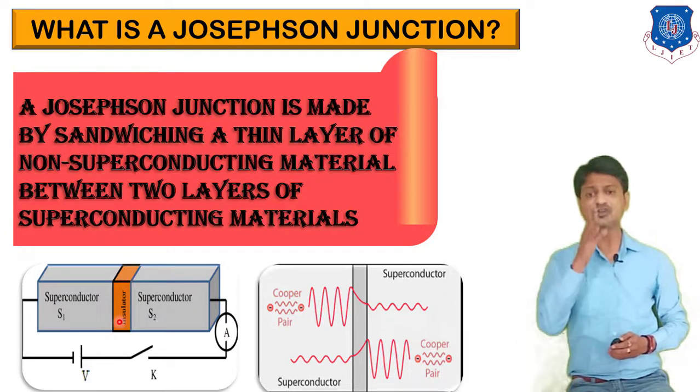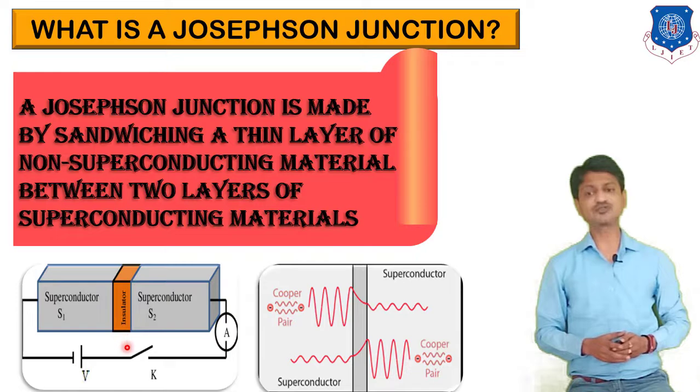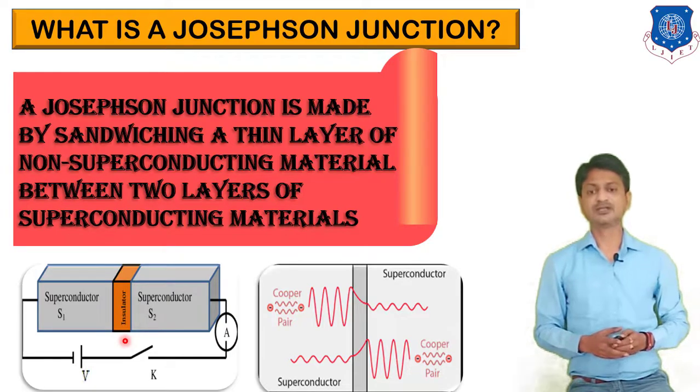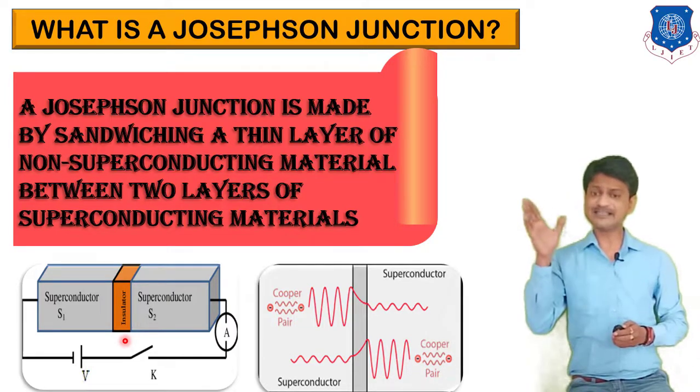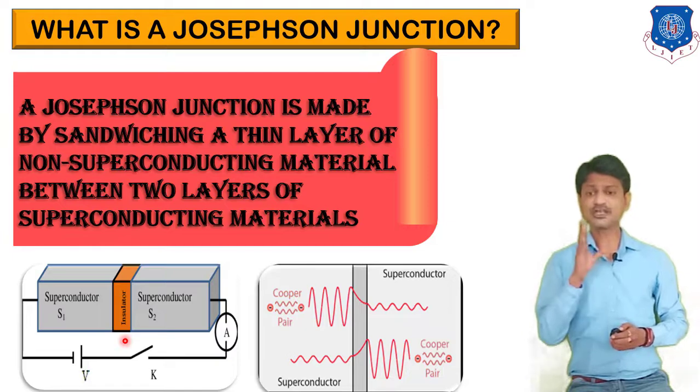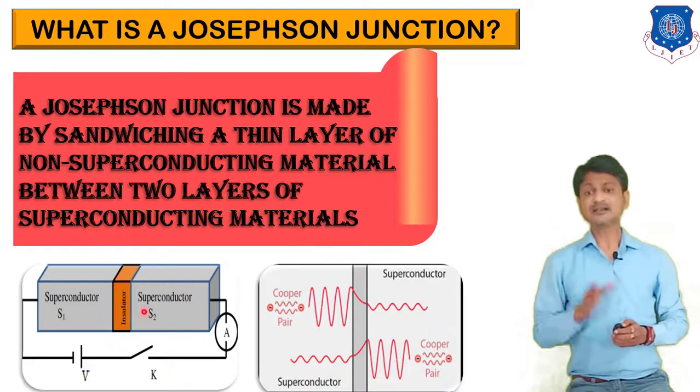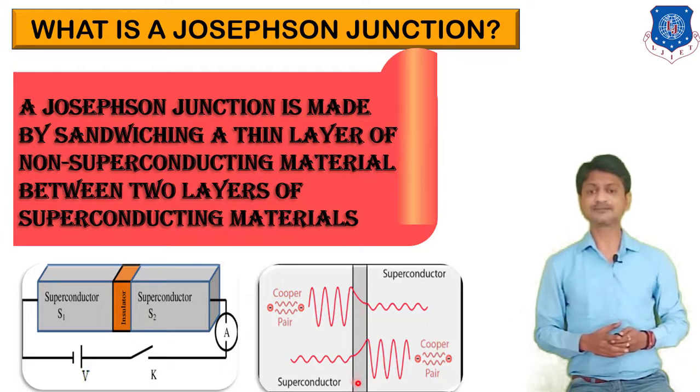There is an insulating layer between these two superconductors. As you can see in the figure, Josephson effect is the current flowing through the two superconductors S1 and S2, which is separated by an insulating layer.